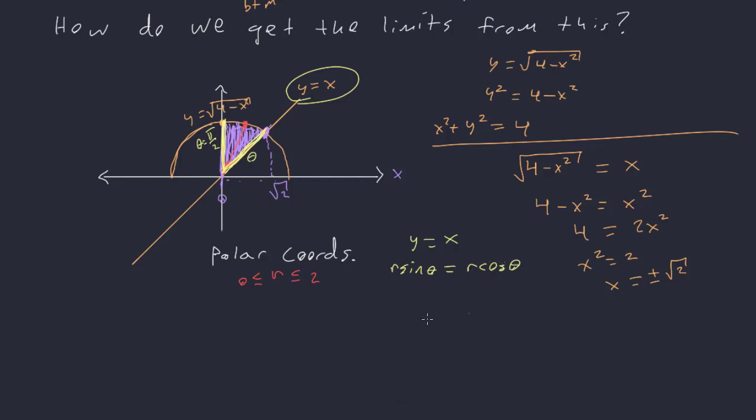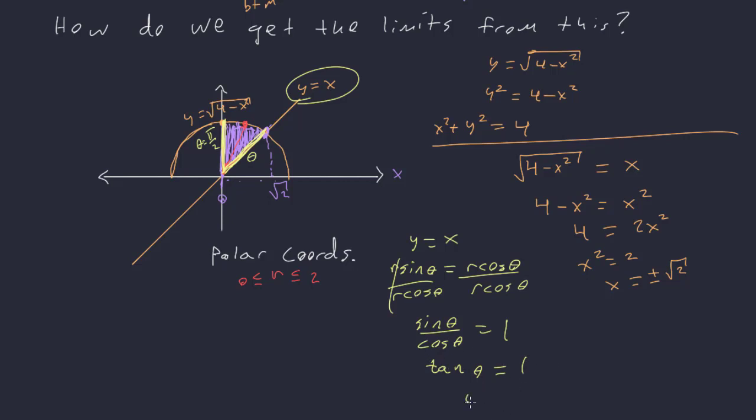Okay, and if we divide through by that r cosine theta, the r's cancel, and we'll get sine theta over cosine theta is equal to 1. And sine over cosine is tangent, so tangent theta is equal to 1.